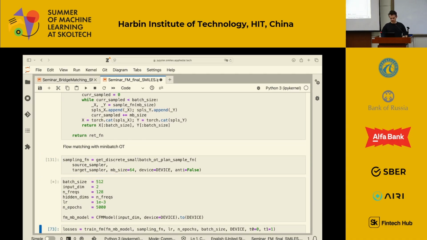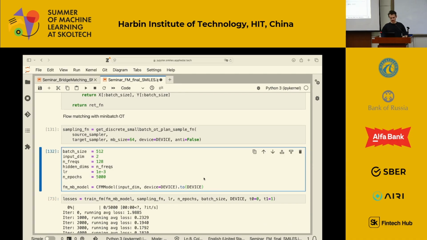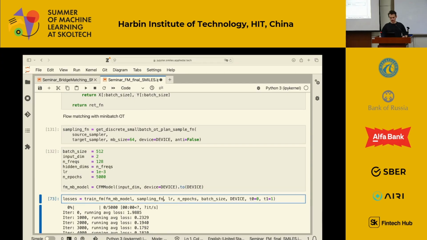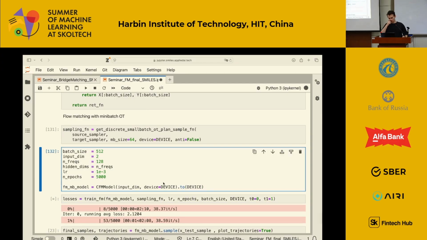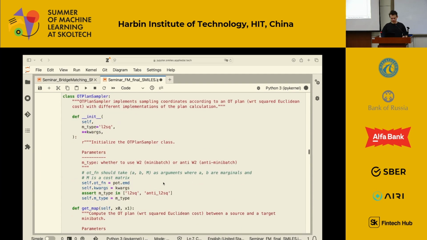So okay, let's train it. Again, the only thing that we change here compared to the previous independent plan for matching is just the way we sample points x0s and x1s from our P0 and P1 distributions.